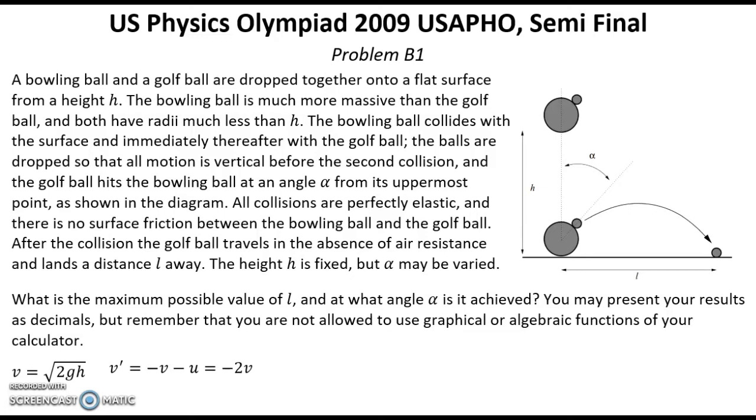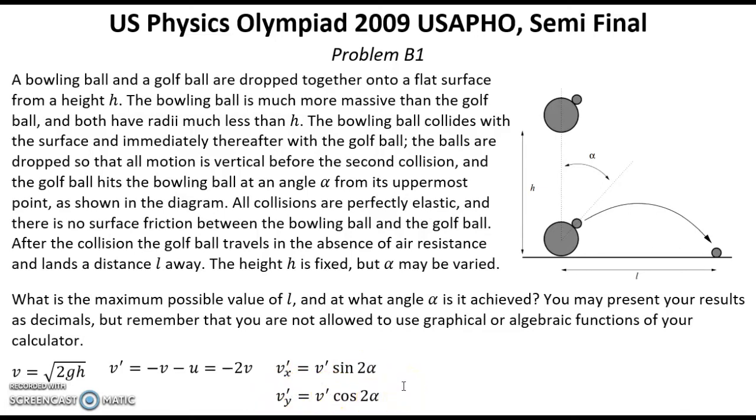So the golf ball will rebound at angle 2 alpha from vertical, and we can write equations for its velocity. In this frame of reference, Vx prime for the golf ball will be V prime multiplied by sine alpha, and Vy prime equals V prime cosine alpha.